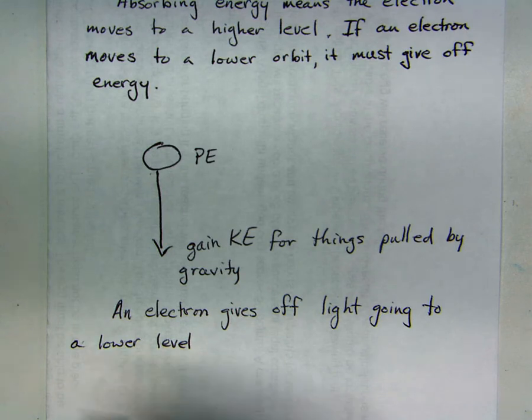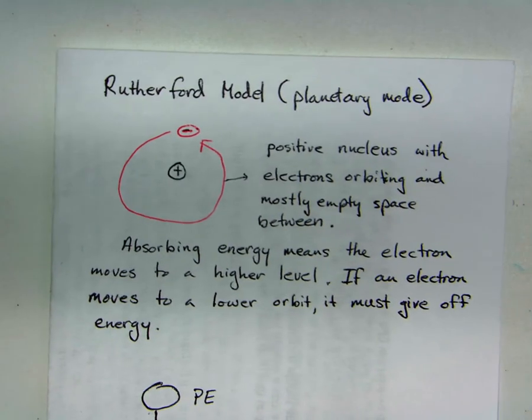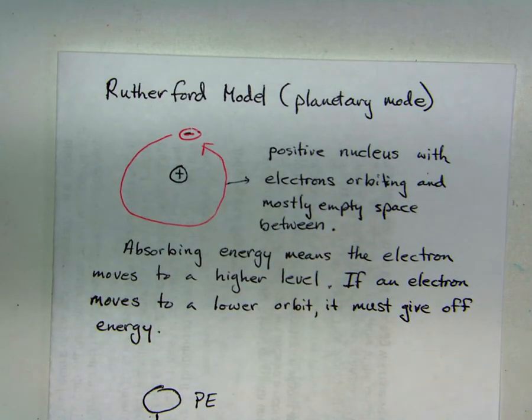Okay, so that was the Rutherford model, and the reason we're talking about this older model, and we've kind of moved beyond it, is in many ways we often depict it like that. We depict it as a proton with an electron orbiting around it.